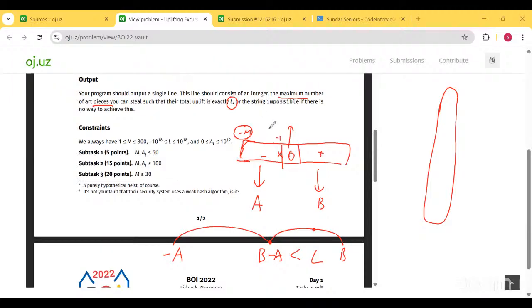The intuition is like this. If we remove -1 to make it exactly L, it means we need to remove many items. But if we remove -m, it means we only need to remove some items. Is it correct? So which one is better?